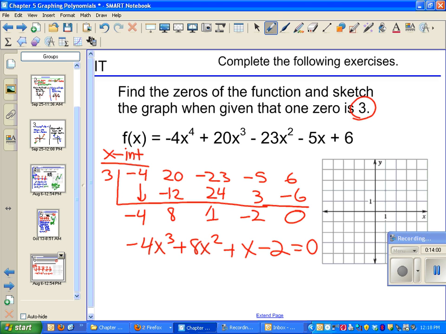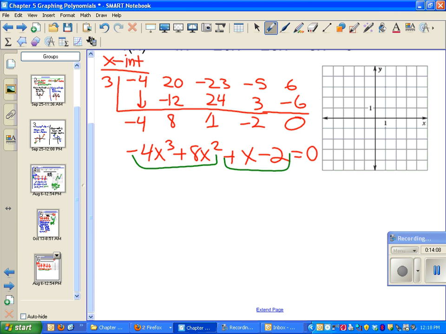So it is 4 terms, so I want to factor that by grouping. All right. So what's common to negative 4x cubed and 8x squared is a negative 4x squared. So inside I would get x minus 2, right? Because negative 4 times negative 2 is that positive 8.